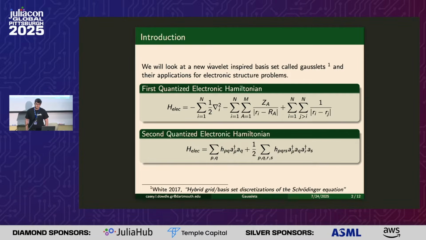As a review, if you're not as familiar with quantum chemistry, these are the first and second quantized Hamiltonians for electronic structure under the Born-Oppenheimer approximation. The first part in the first quantization picture would be the kinetic energy of your electrons.